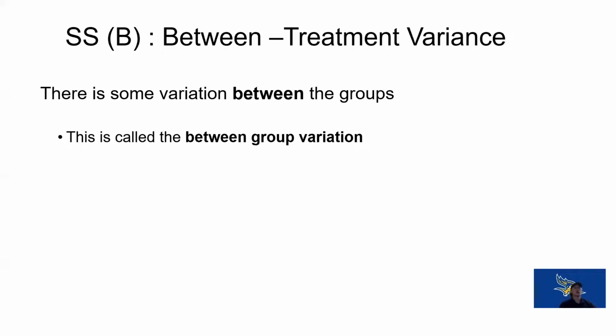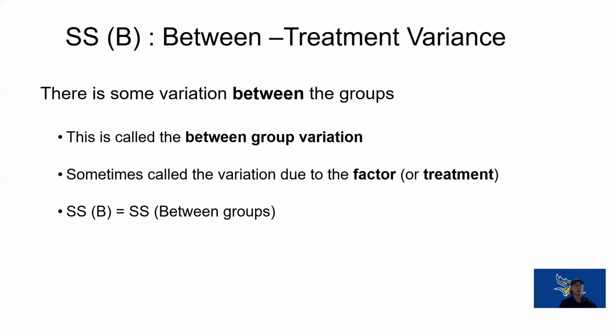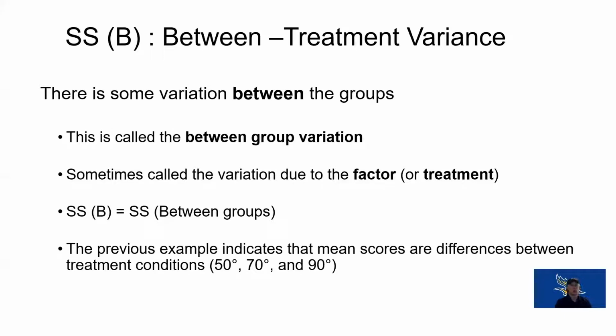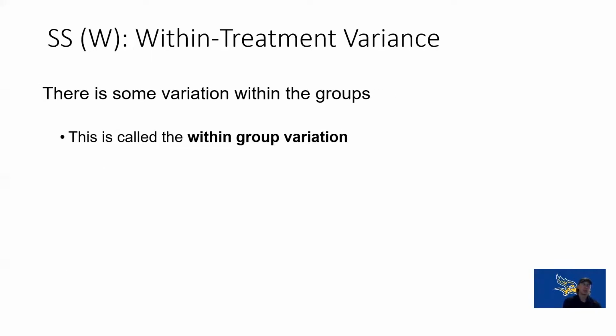So there are 2 different sources of variance in this case. We have the variance between the groups. Okay, this is between group variation. So this is, say, due to the treatment. And then we also have variation within the group.